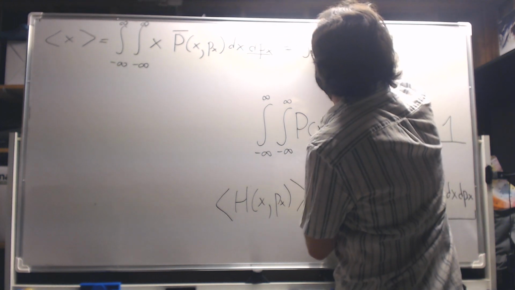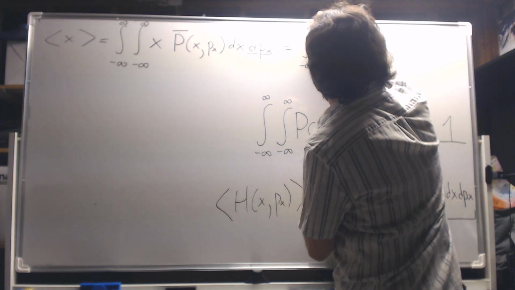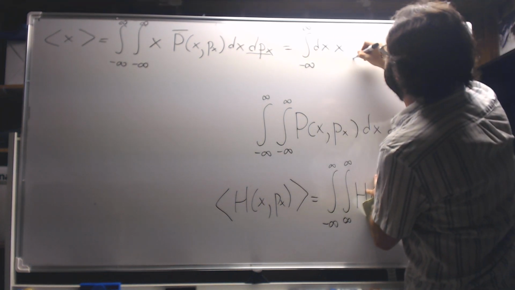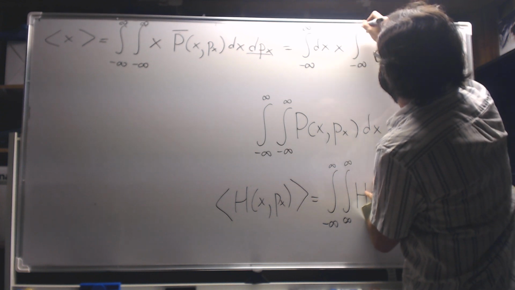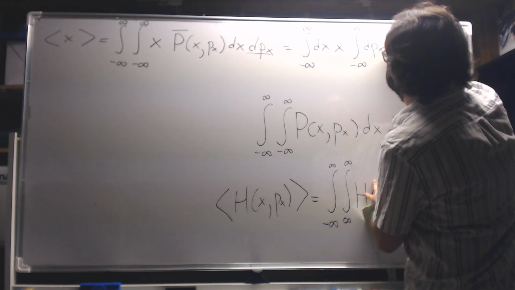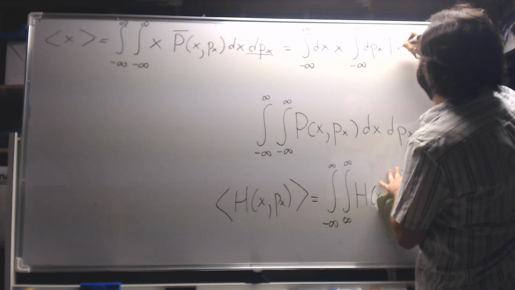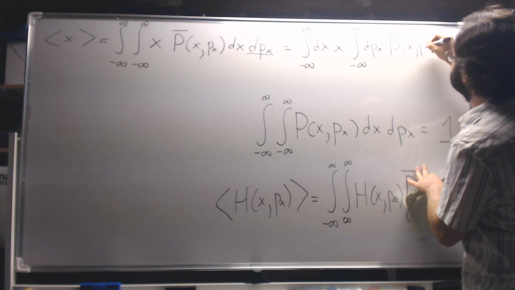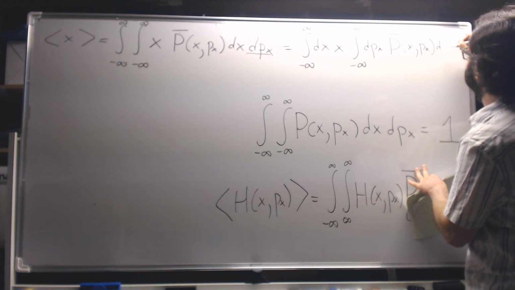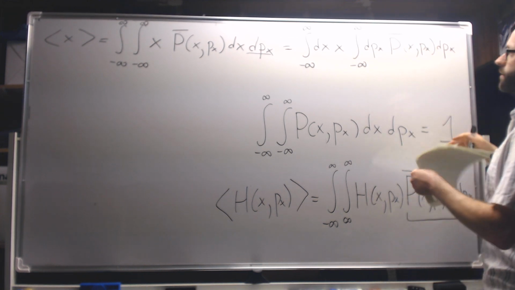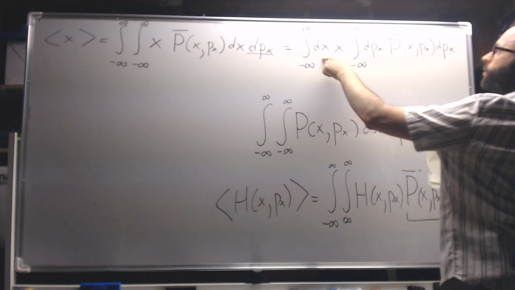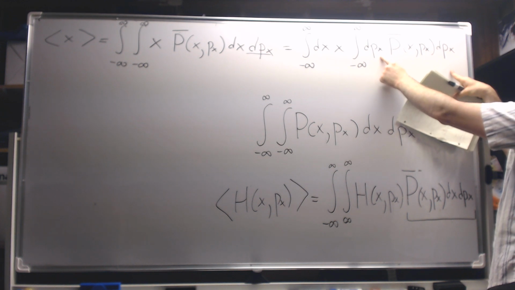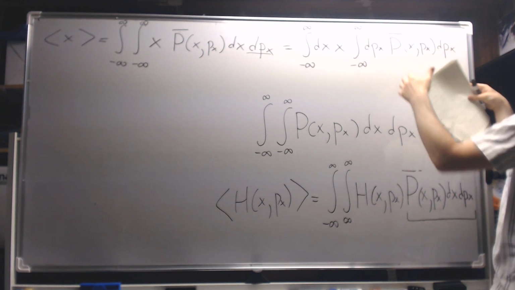Integral from minus infinity to infinity over dx times the value of x, times the integral over dpx of the probability that the particle's momentum and position are around this point. Notice that dx went along with the first integral, and here I'm integrating only the probability that the particle has some momentum.